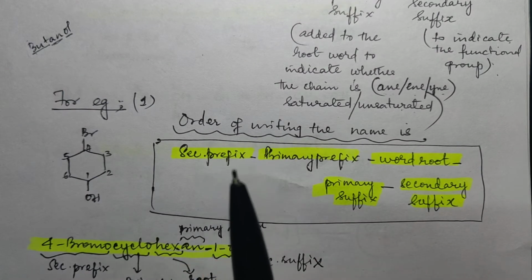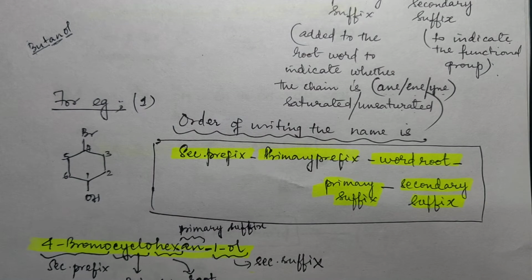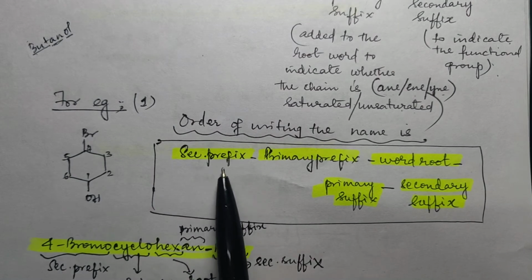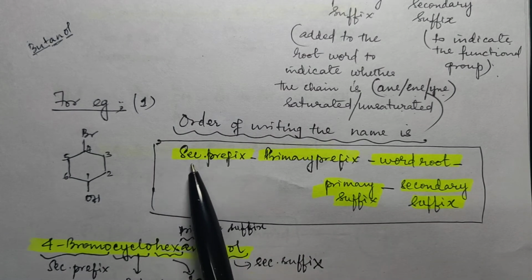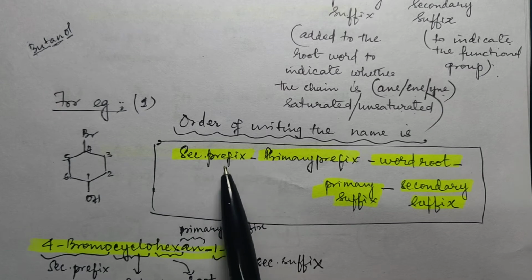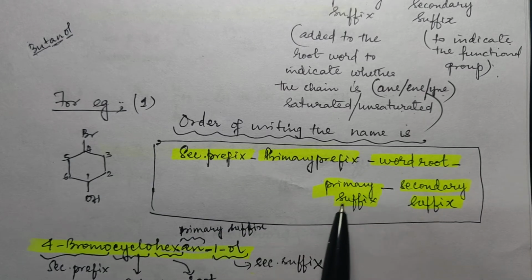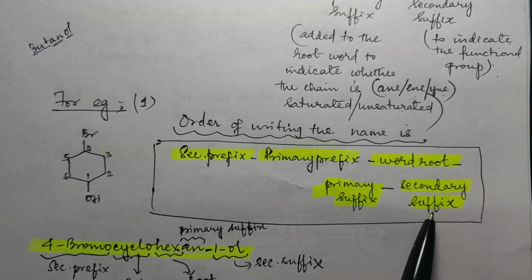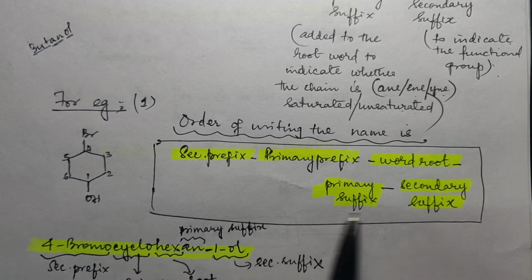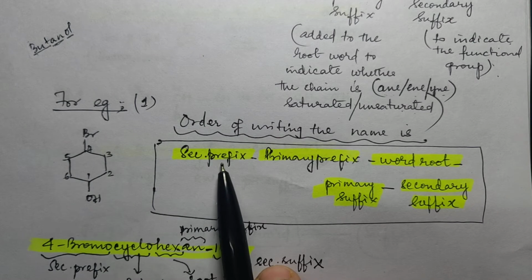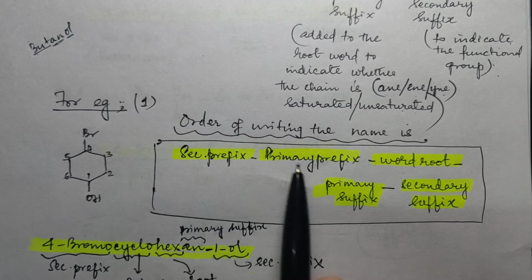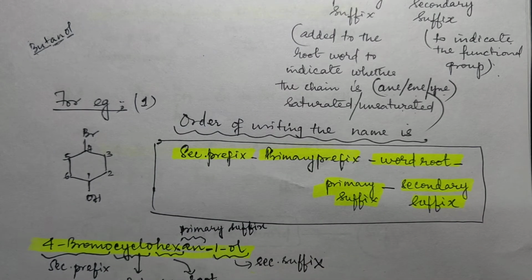Now how to write the name. Any IUPAC name for an organic compound is followed in this order. First you will write secondary prefix, then primary prefix, then root word, and then primary suffix, and then secondary suffix. Right? Now what is this primary prefix and secondary prefix? ये क्या होता है?